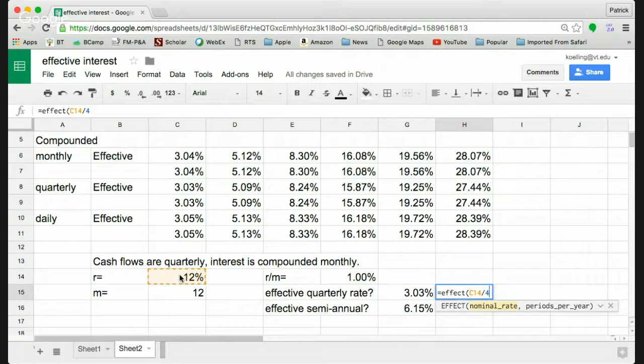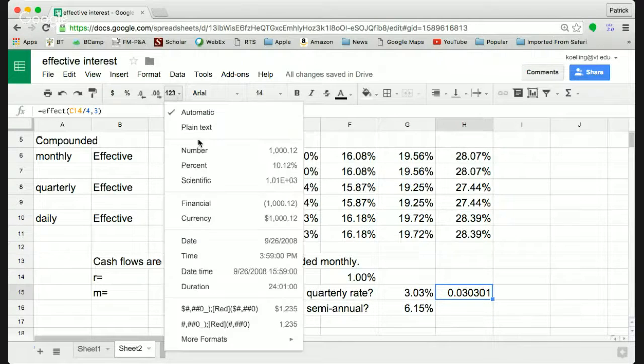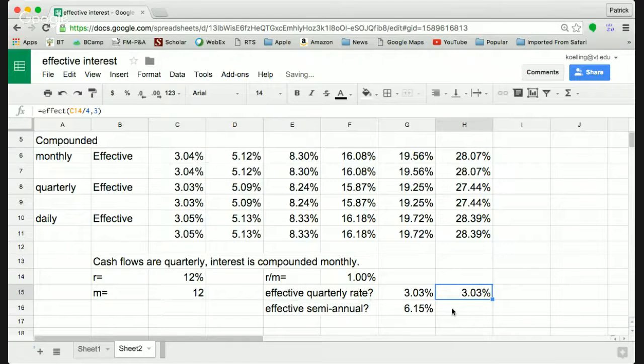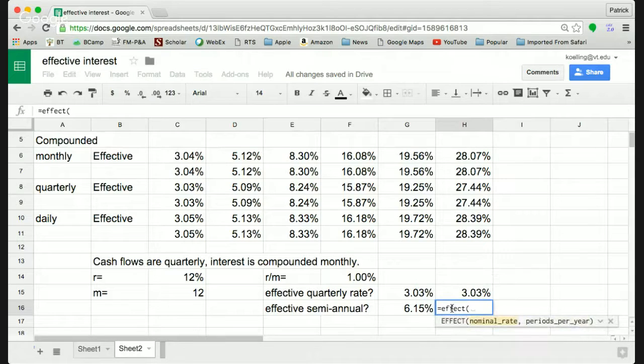That will give me essentially a nominal quarterly rate, and the periods per year become how many months in the quarter, and that's 3, and that will give me, again, the correct quarterly effective rate. Semi-annual, 12% divided by 2. There are 2 semi-annual periods in a year. How many months are in a semi-annual period? 6.